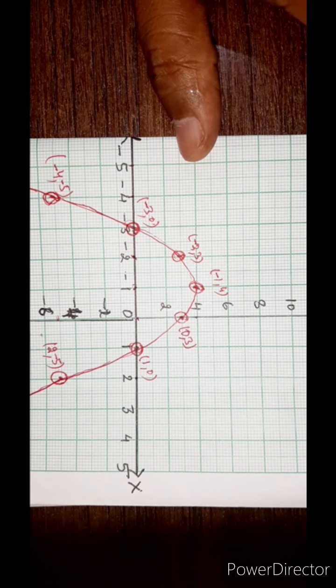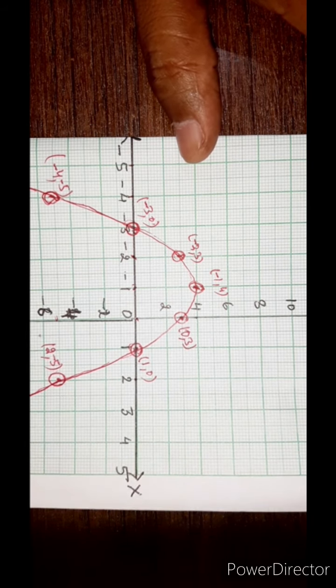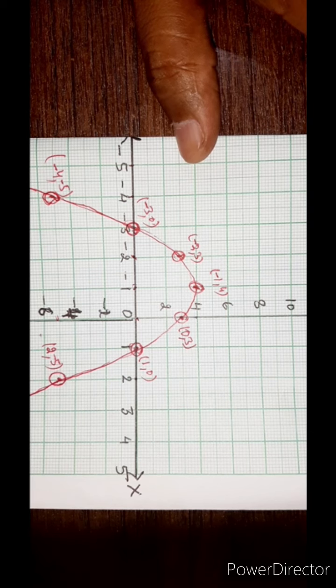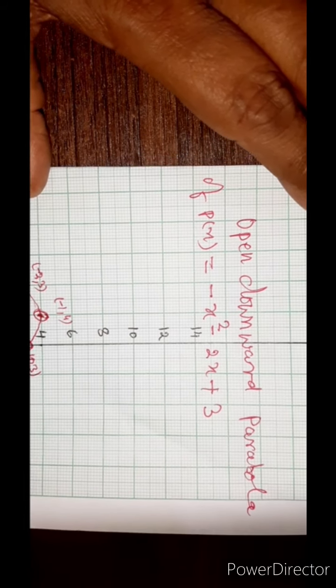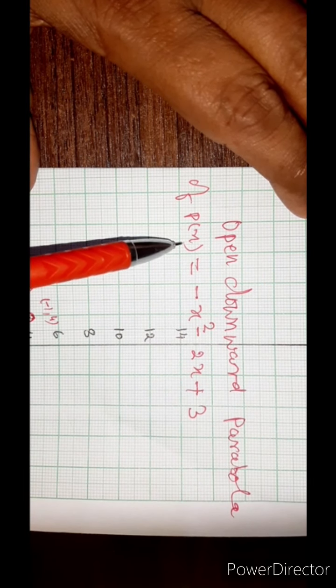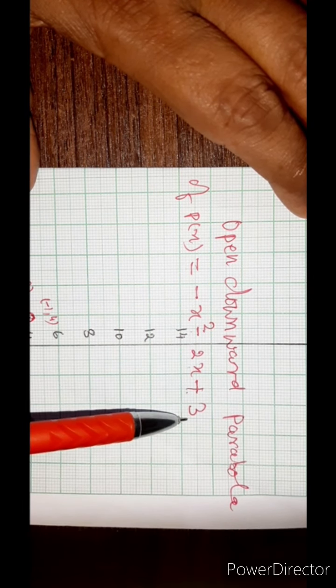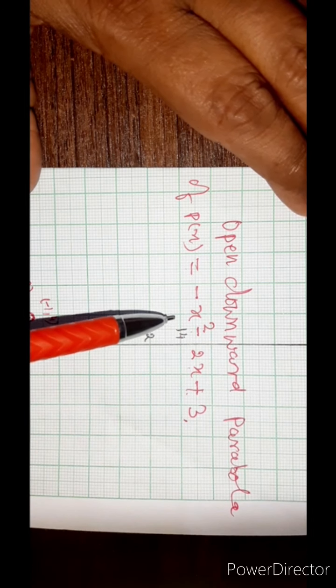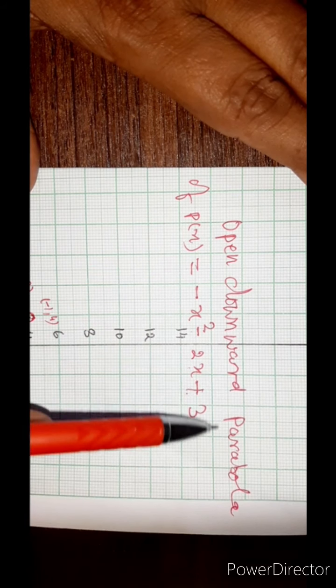According to the points given through the table, once again I am going to draw another parabola. Look at here, for the quadratic polynomial p of x is equal to -x square minus 2x plus 3, the parabola will be an open downward parabola.